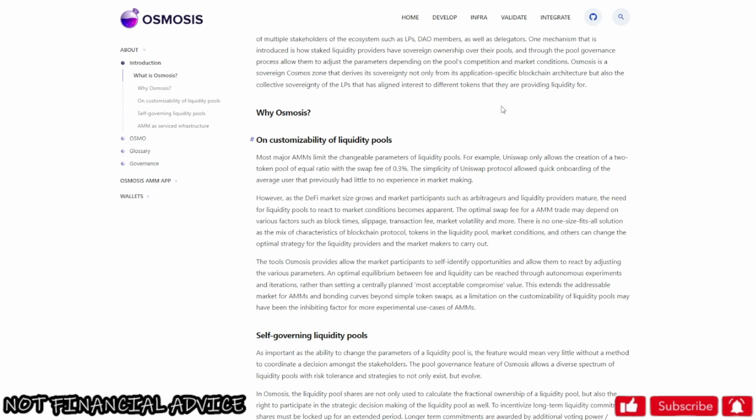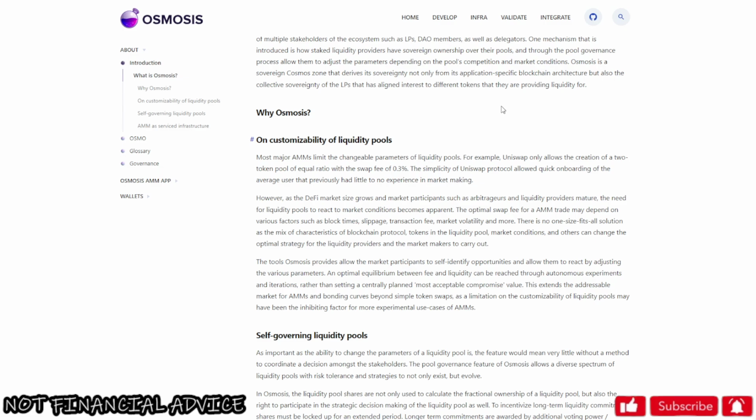The simplicity of the Uniswap protocol allowed quick onboarding of the average user that previously had little to no experience in market making. However, as the DeFi market grows, market size grows, and market participants such as arbitrageurs and liquidity providers mature, the need for liquidity pools to react to market conditions becomes apparent. The optimal swap fee for an AMM trade may depend on various factors such as block times, slippage, transaction fee, market volatility, and more.